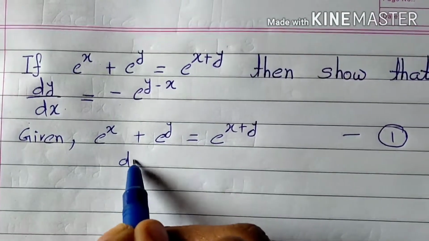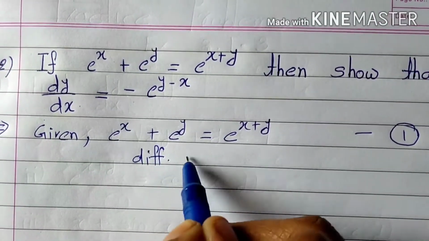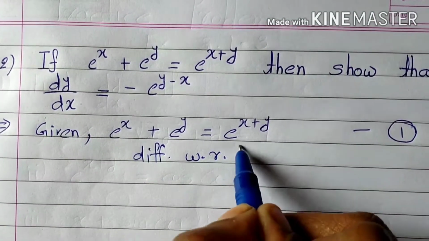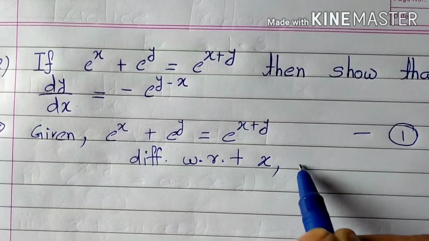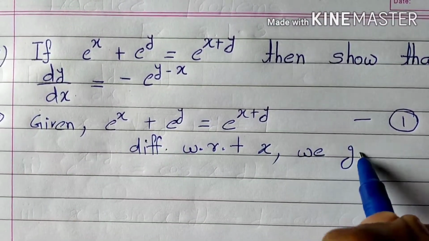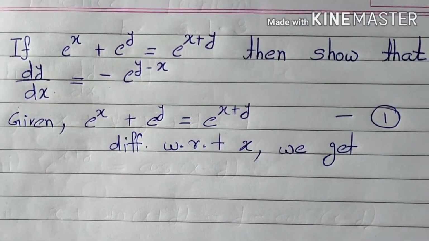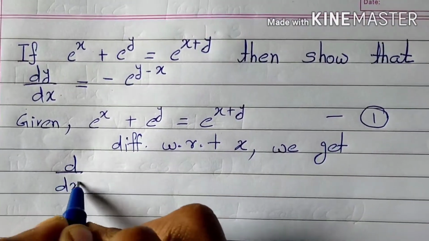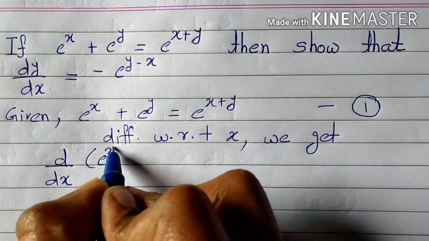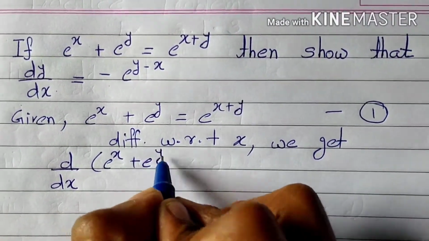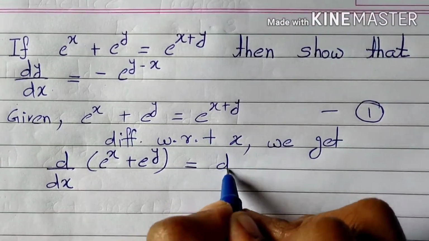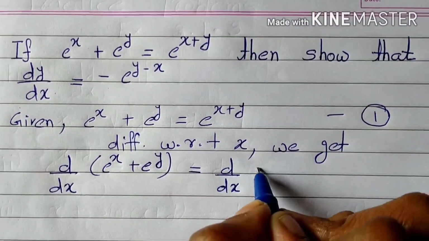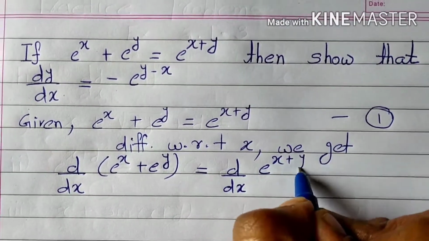Differentiate with respect to x. We get, taking differentiation, d by dx of e raised to x plus e raised to y is equal to d by dx of e raised to x plus y.